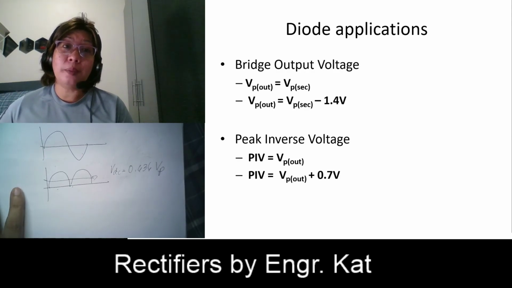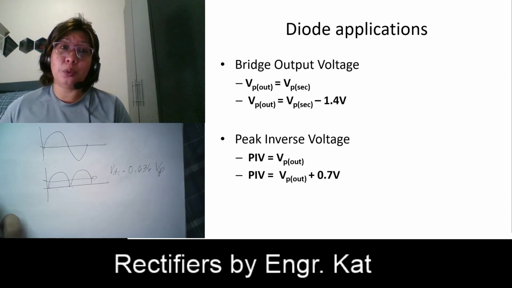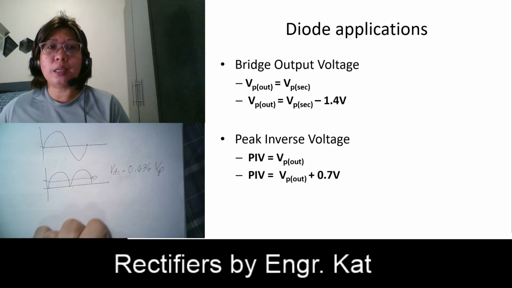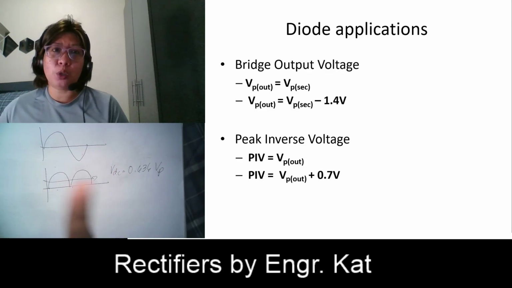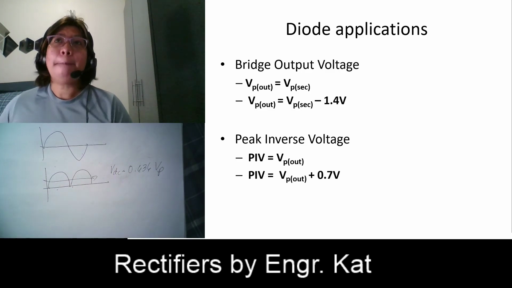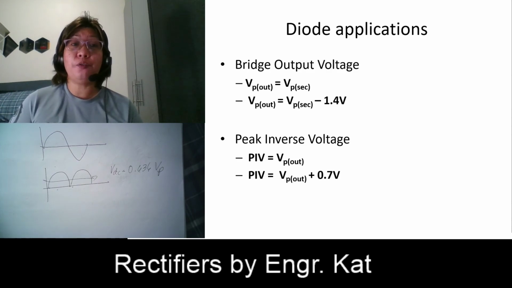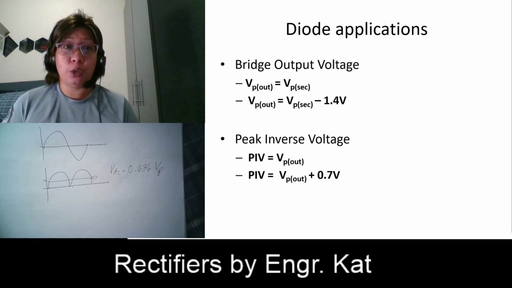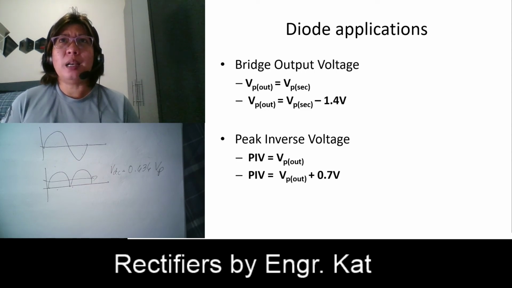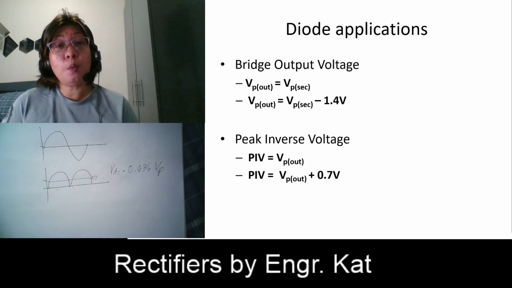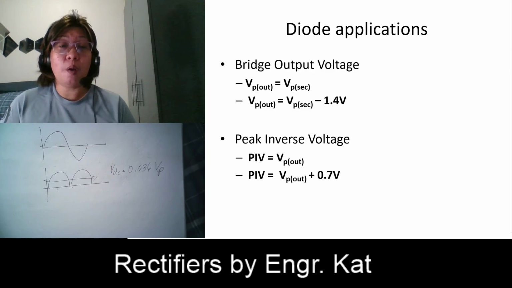So the other one makes use of two diodes and a center tap transformer, while this one doesn't have a center tap transformer, but makes use of four diodes. But in reality, it is the bridge rectifier that is most commonly used, because center tap transformers are very bulky. Comparing two diodes to four diodes, they are just small components compared to a center tap transformer.